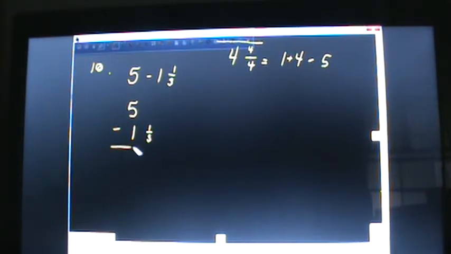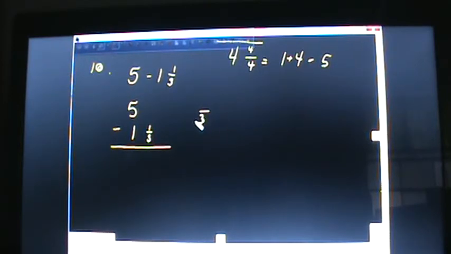Okay, I have a whole number on top. I have a mixed number on the bottom. Okay, I cannot subtract a mixed number from a whole number. So I'm going to have to make a mixed number on the top. In order to do this, I'm going to have to change my 5 into a mixed number. So my denominator is 3.